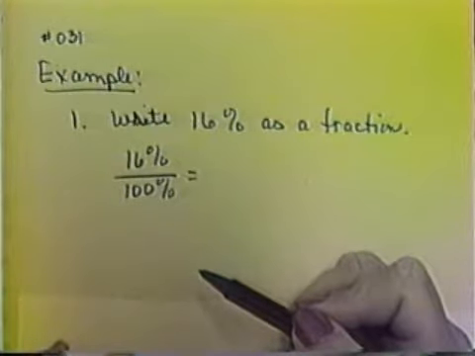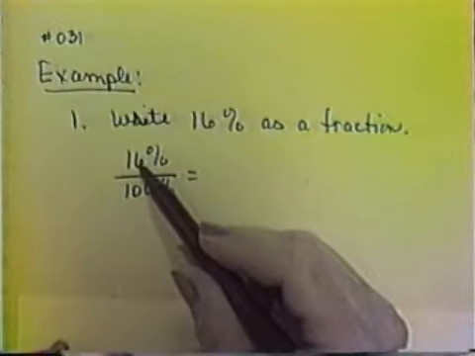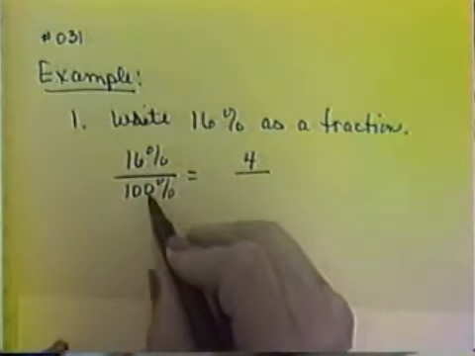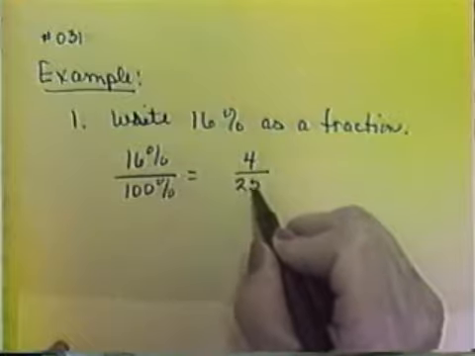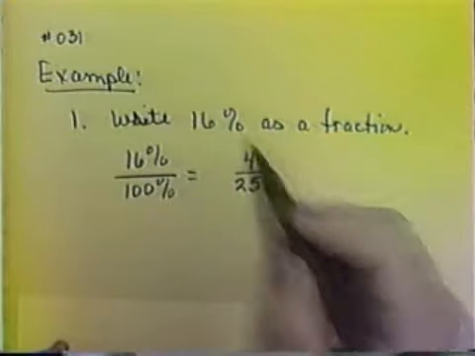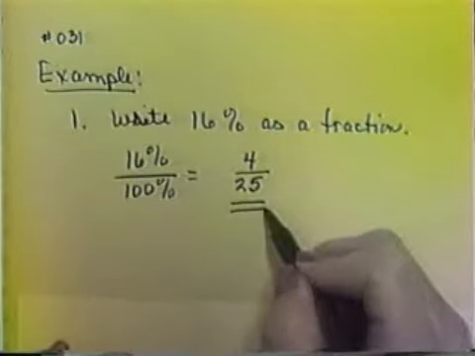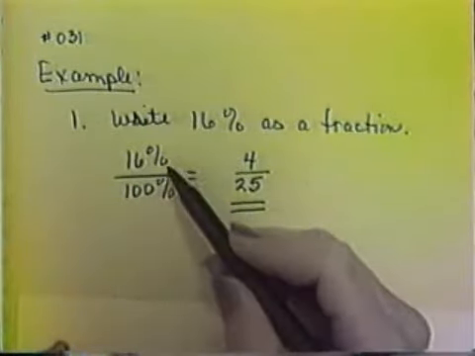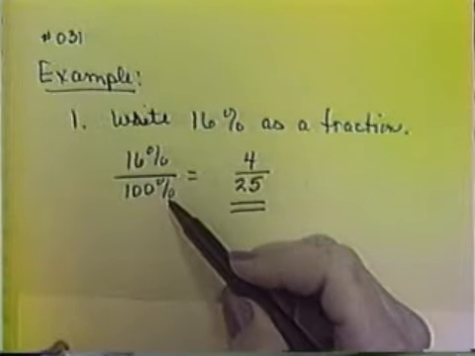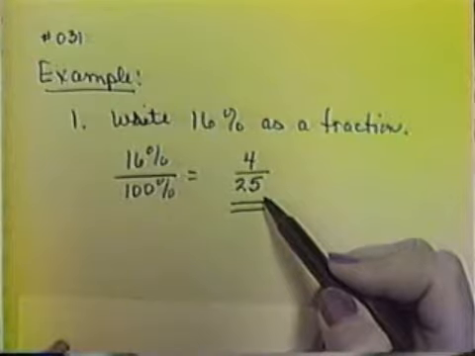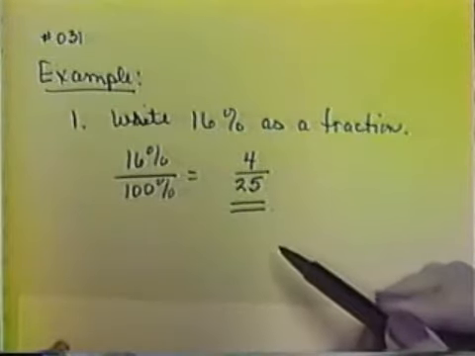I believe 4 is the largest value, so 4 goes into 16 4 times. 4 divides 100 25 times. So the fractional value for 16% is 4 over 25. These are equivalent.